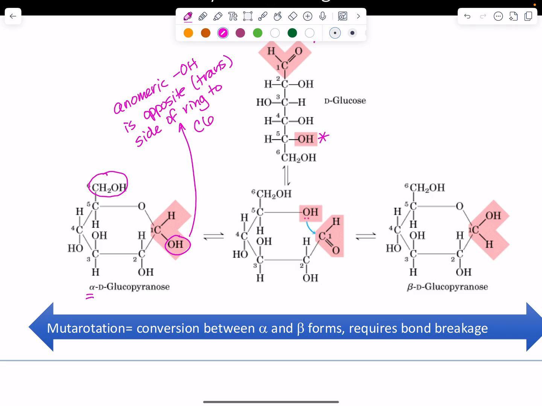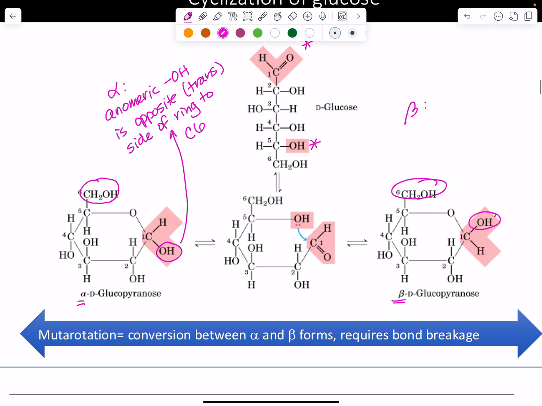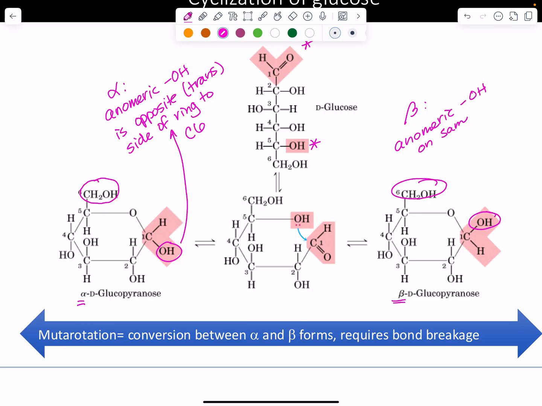Okay, and then in the beta anomer, we have the hydroxyl and the C6 on the same side of the ring. So this is alpha, and beta is the anomeric hydroxyl on the same side as C6, okay? All right, and so we would say that was cis to that group.